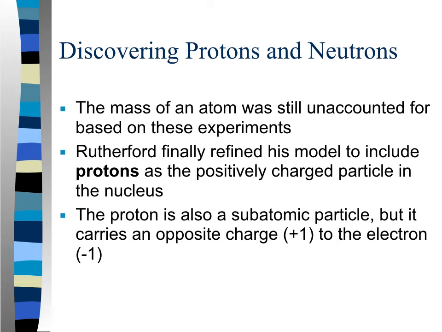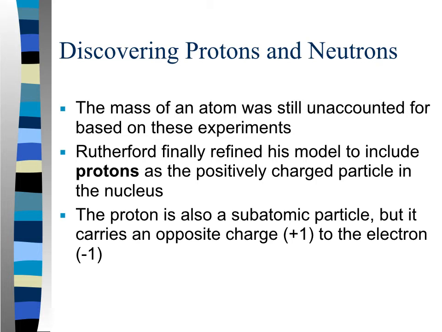All right, so discovering the protons and the neutrons, which make up the nucleus. The mass of an atom was still unaccounted for. We know there are electrons out there, but they're so tiny that it doesn't really give us the weight that's in an atom.